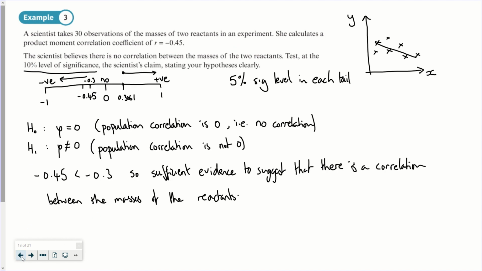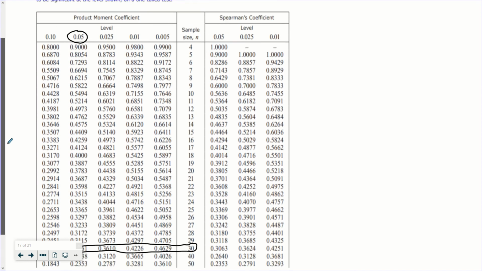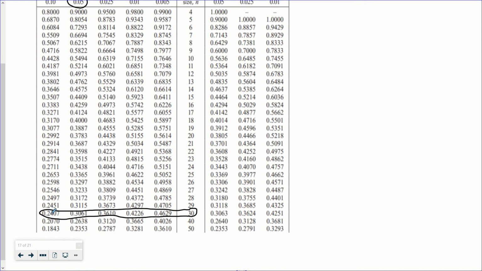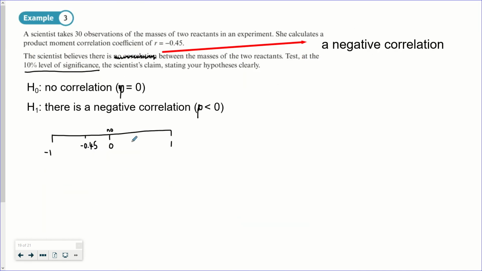And we're just going to look at our table with n equals 30 at the 10% significance level, which is 0.2407. Now, you'll notice that that's a positive number, 0.2407.